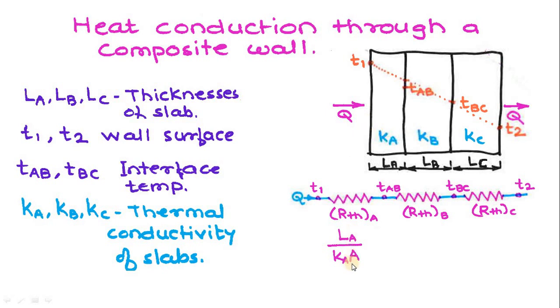Remember that this area of cross section is perpendicular to the heat direction. So this is the heat direction, and we need to take this surface area only, right? So La upon KaA: La is the thickness of this slab, Ka is the thermal conductivity, and A is the cross sectional area. Similarly, you can write the thermal resistance for slab B and for slab C.